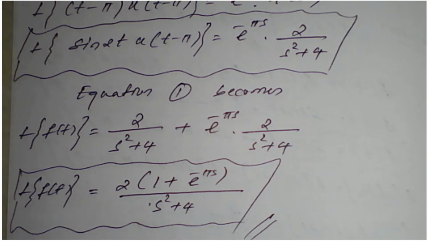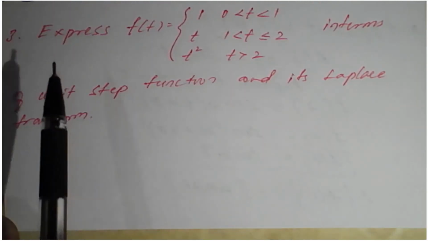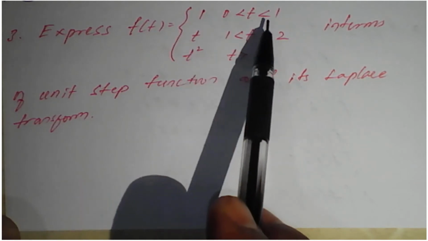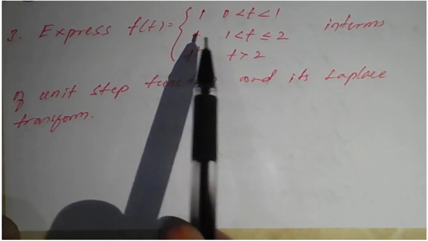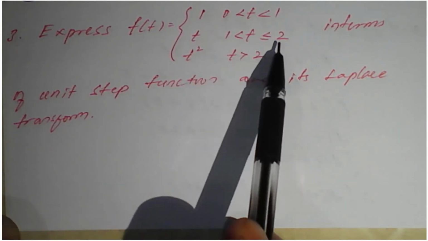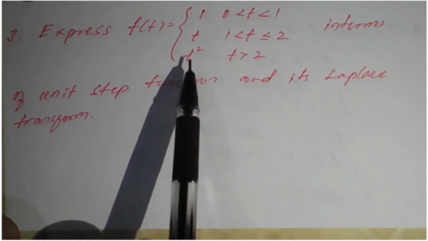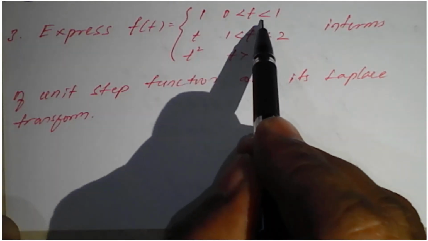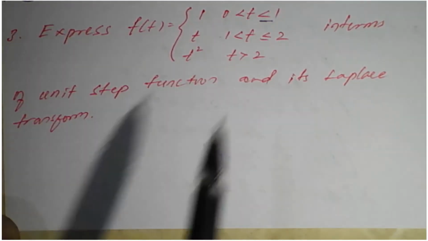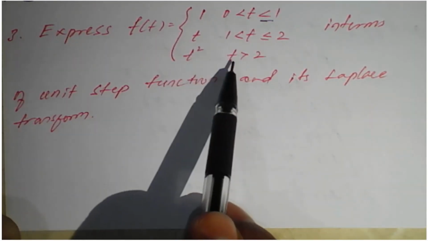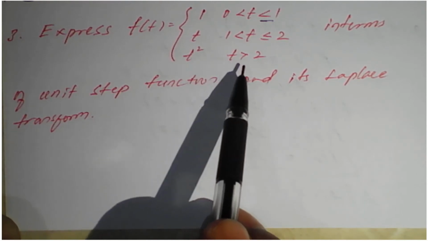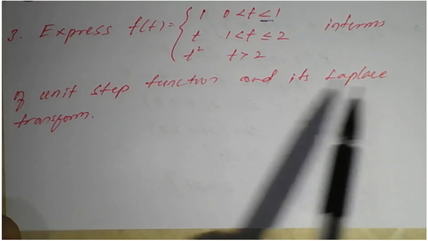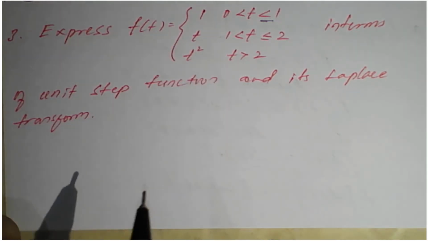So the next problem is: express f of t equal to 1 where t is greater than 0 and less than or equal to 1, t where t is greater than 1 but less than or equal to 2, and t square where t is greater than 2, in terms of unit step function, and find its Laplace transform.